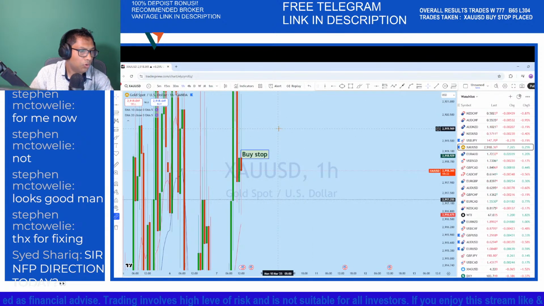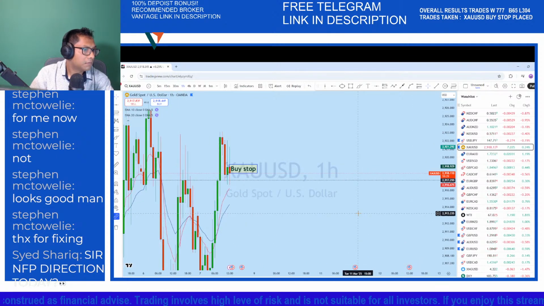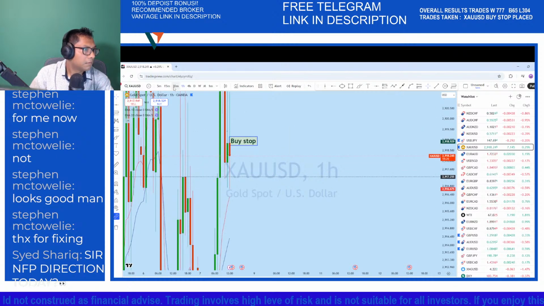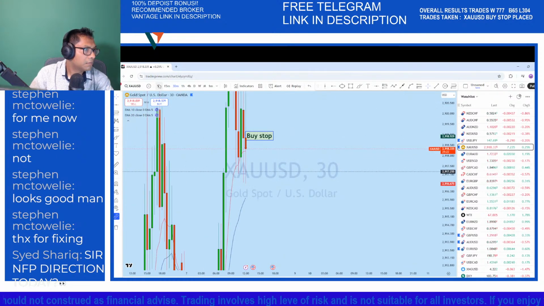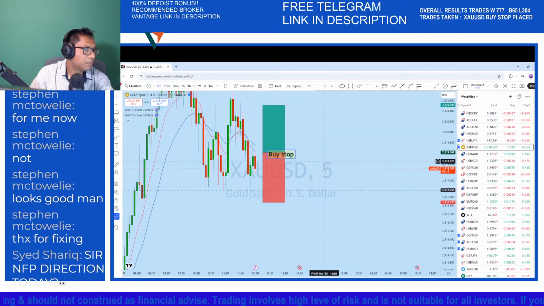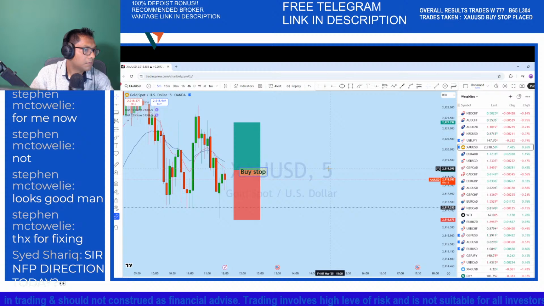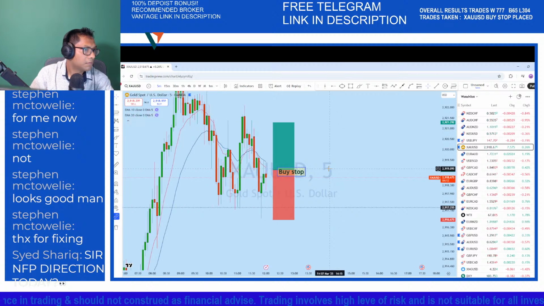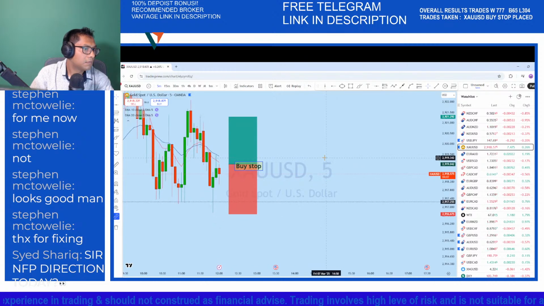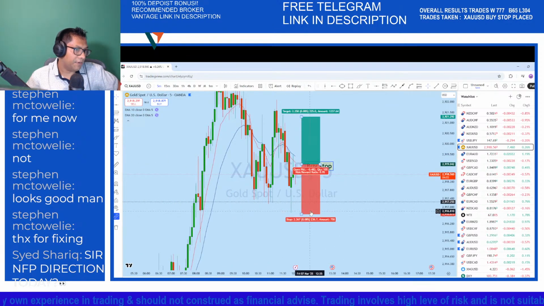So the 1 hour candle closed. So you have seen there is a significant liquidity gap here.